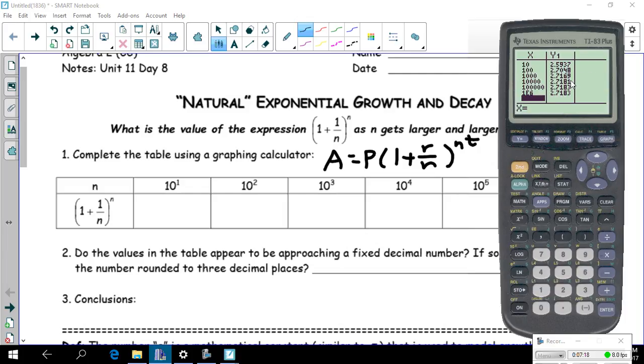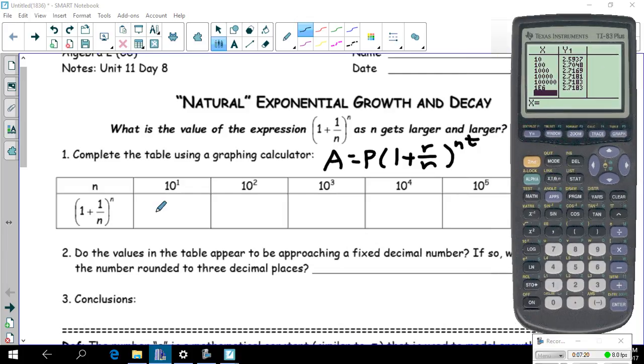And this is how we look at limits. This is kind of a calculus topic, actually. But these are the values as n gets larger and larger. So as n is approaching infinity, what's happening to these y values? And you can see them right down the list here. I'm just going to fill them in on the sheet for you.